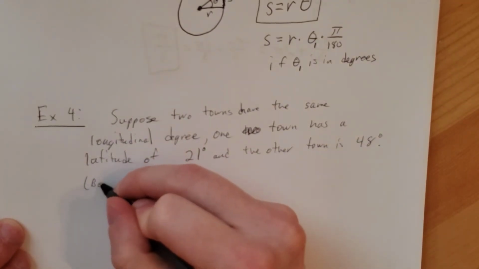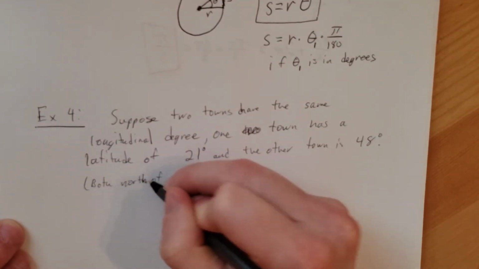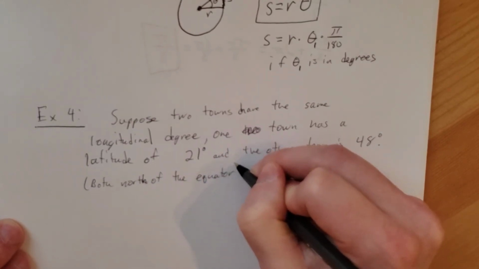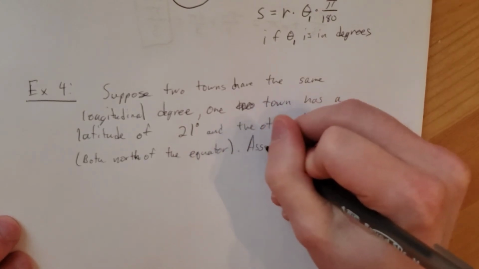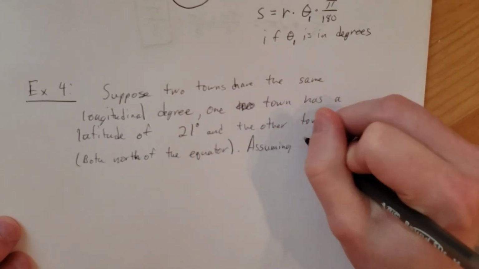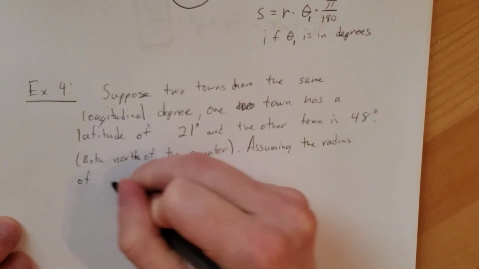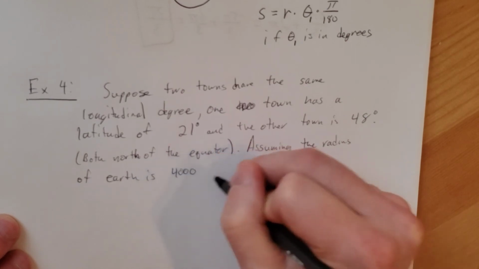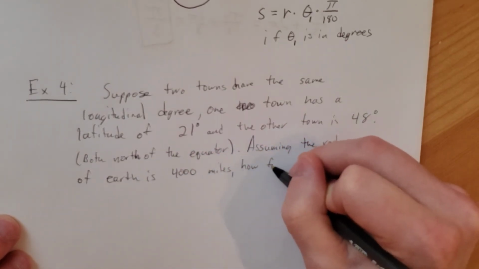So I'll write it out, both north of the equator. Assuming the radius of Earth is 4,000 miles, how far apart are these towns?